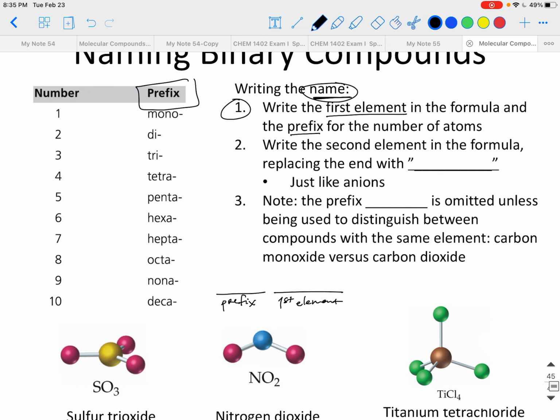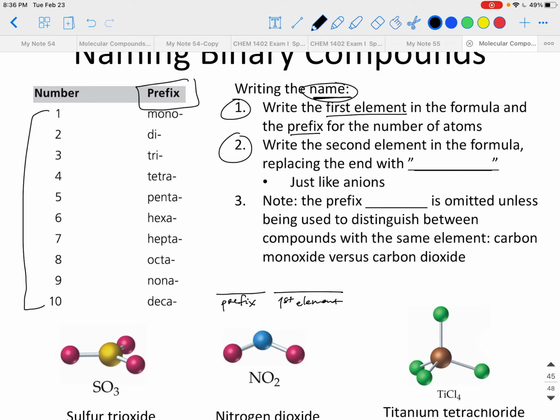And the prefix is going to be one of these: mono, di, tri, tetra, penta, hexa, so on and so forth, depending on how many of that element you have. And each of these prefixes, you can see how it corresponds to the number of atoms for that element in the formula or in the name.